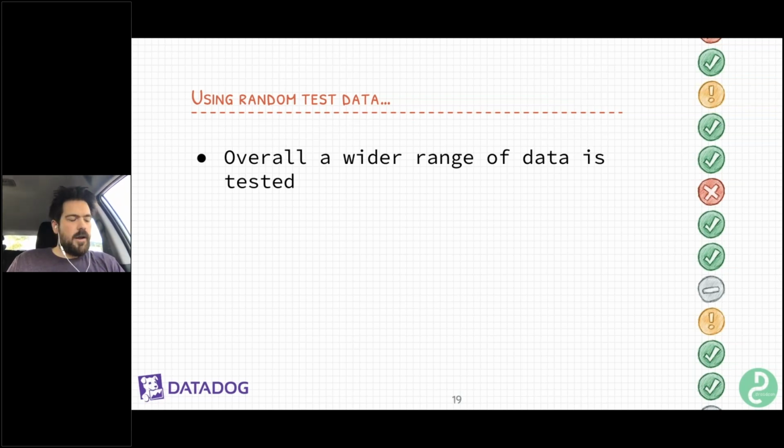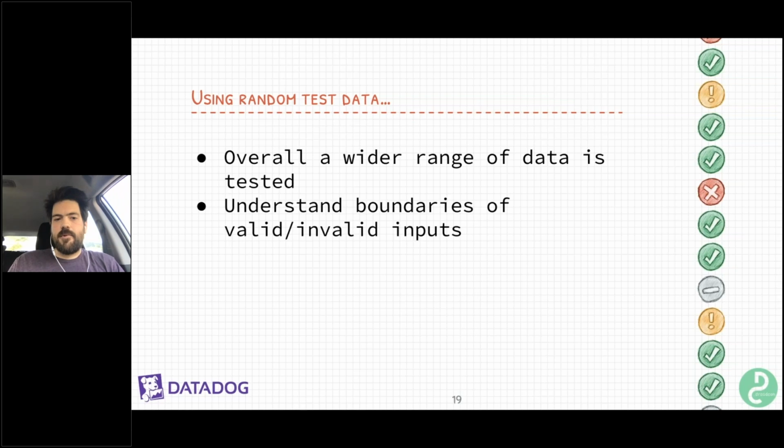This means that when the method you're testing is taking an email as a string, well, you have the whole range of every possible string that could be passed in tested. Meaning that you need to understand the boundaries of what are valid and invalid inputs.